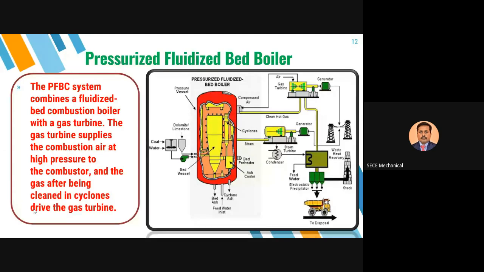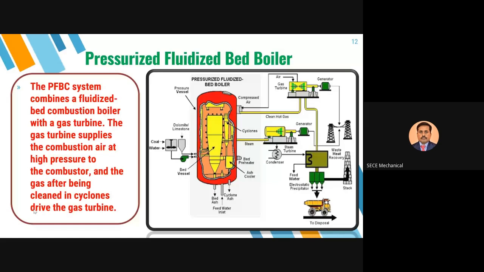So again the fly ash content is collected and comes back to the lower part of your furnace. Likewise the toxic gases will be controlled, combustion takes place rapidly, and steam generation also takes place in a rapid manner. So these are the advantages.